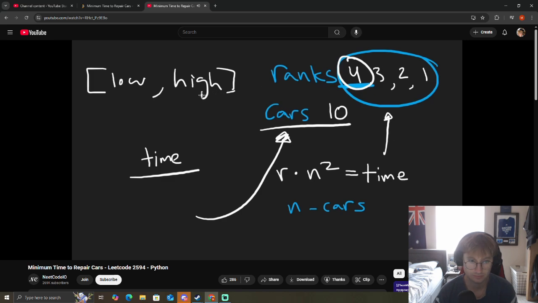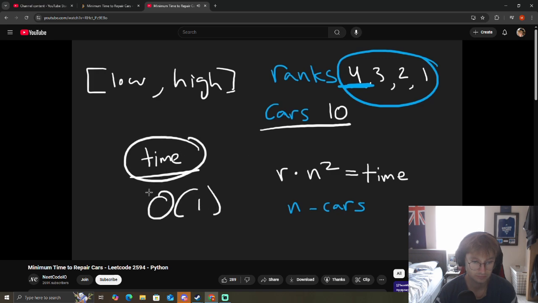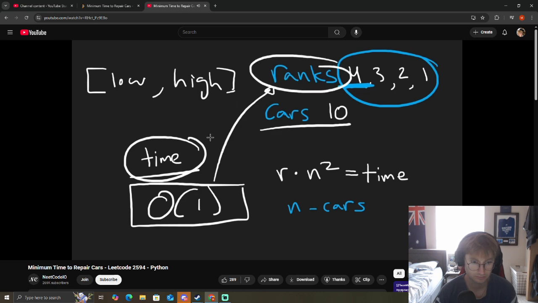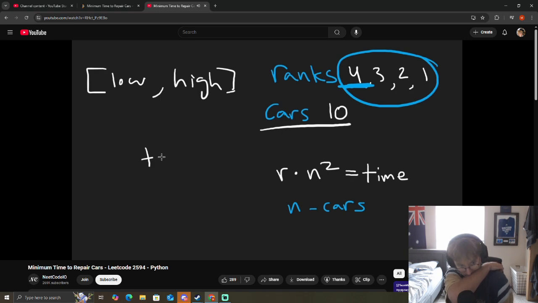Well, we know that since this is not a linear problem, it's going to take some effort for us to figure that out. We can't just calculate it in constant time. Actually, now that I think about it, I don't think it's the non-linear nature that causes this. I think it's mostly the fact that we have many different mechanics and each one of them has a somewhat different equation. But anyways, for the amount of time, they're probably not going to be able to do it in less than 1 minute.